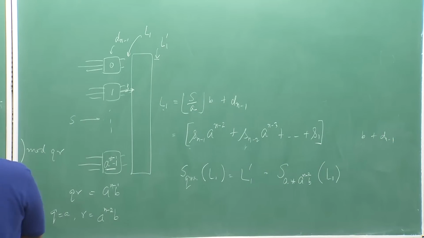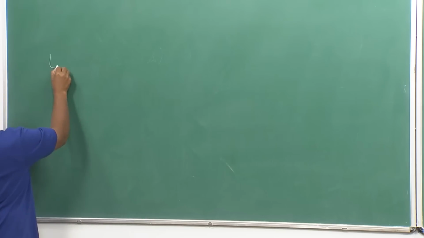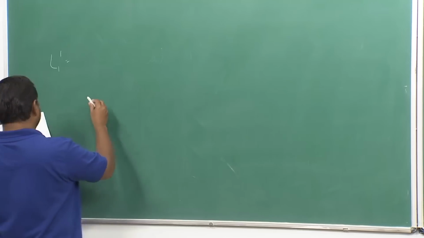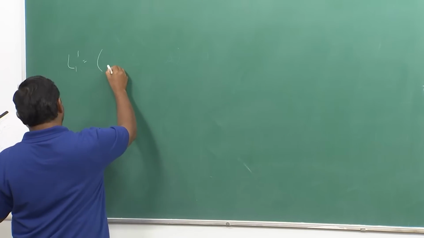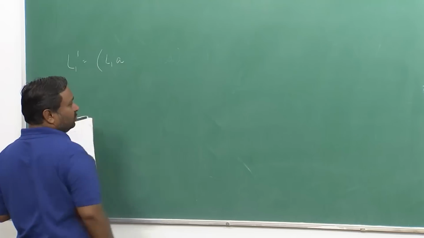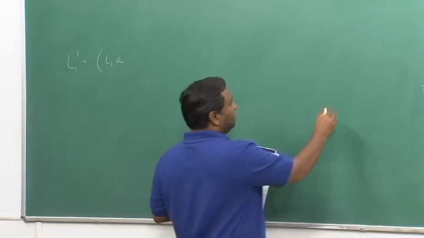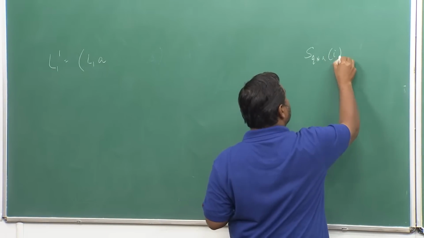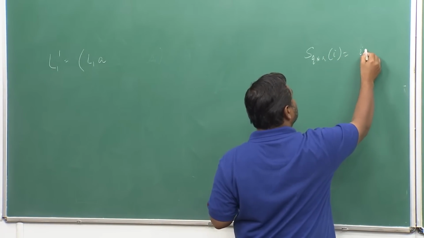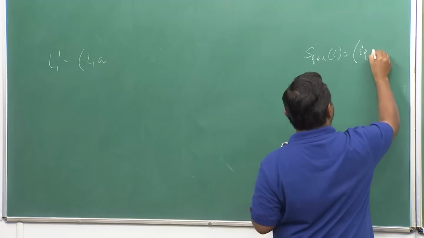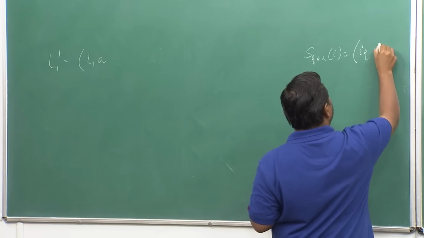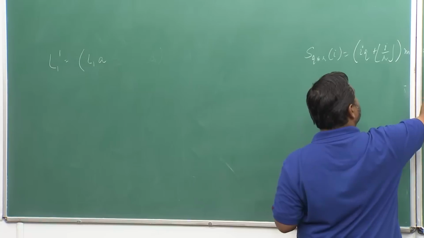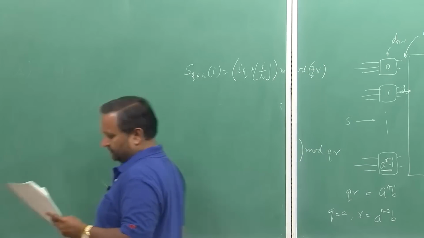So, L1 prime will be L1 A. I am going to use the shuffle formula, which was S into QR. I will use this.